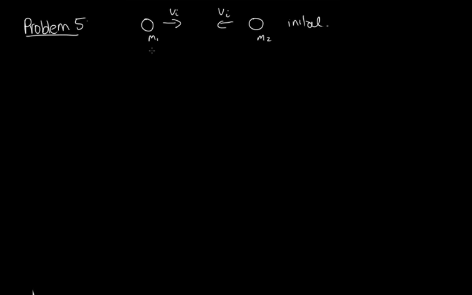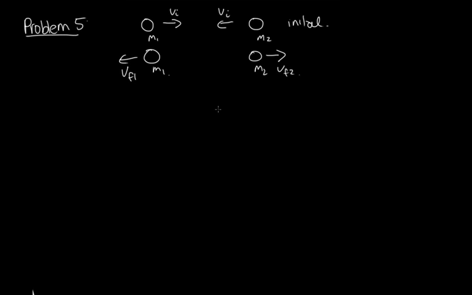And then after the collision we've got two boards heading away from each other, one with velocity vf1, which stands for v final 1, and one with velocity v final 2, and this one's m2 and this one's m1. And we're told the diagram shows a collision between two boards. You can see how the boards are moving before and after the collision.